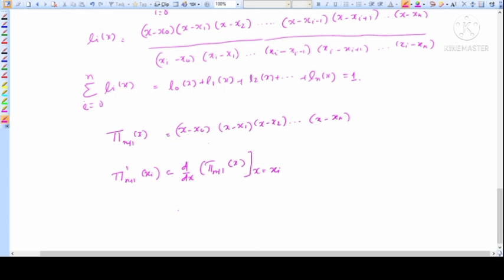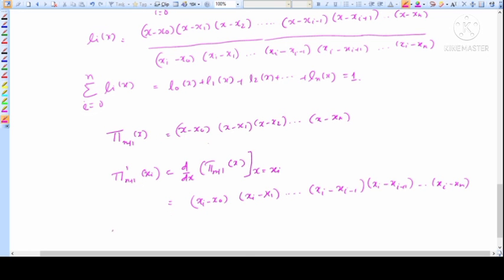Just take the derivative and put x equal to xi. You will get xi minus x0 into xi minus x1 up to xi minus xi minus 1, xi minus xi plus 1, there is no xi minus xi term, up to xi minus xn.